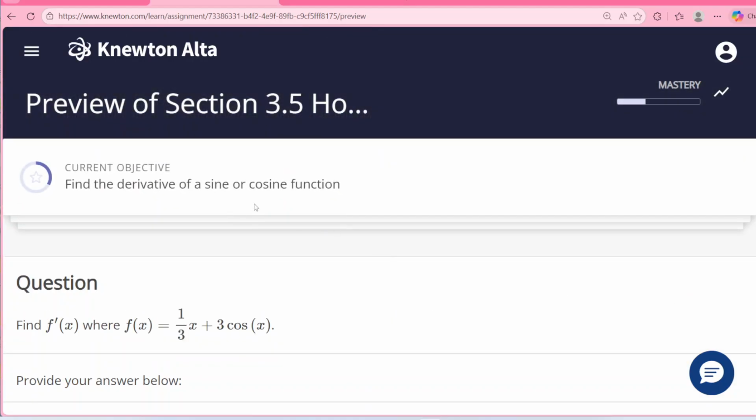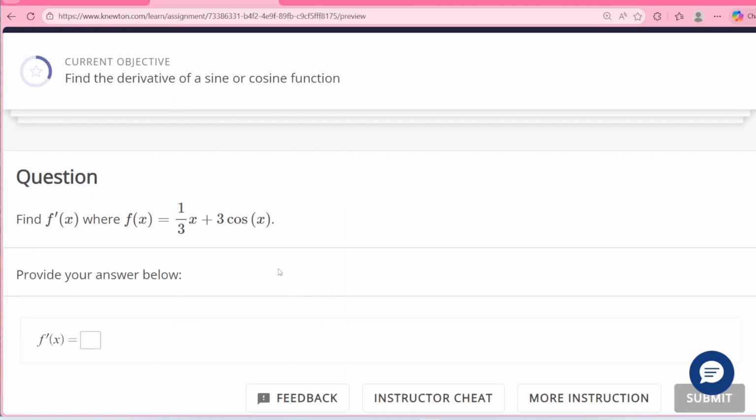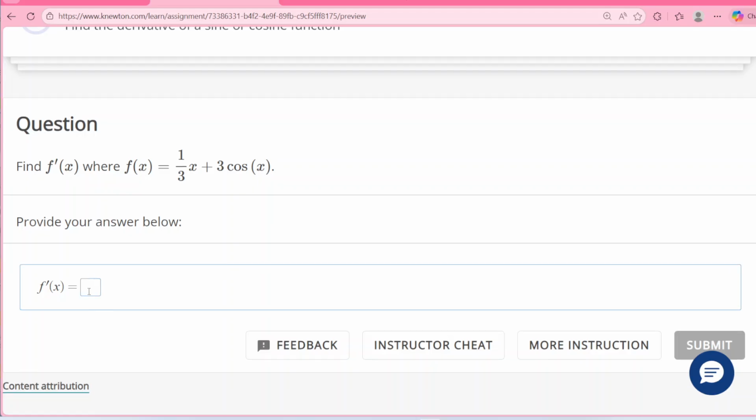Now we're back to just a plain expression with sine and cosine in it. I've done a few of these now, so I'm just going to say these at this point. We're over an hour and a half in here. This is just a sum. If I had the product rule or quotient rule, I'd be writing it out, but this is just one term, then the next term, and these are pretty simple functions.